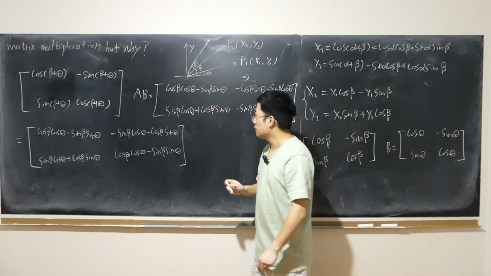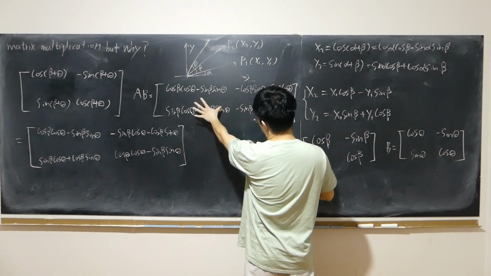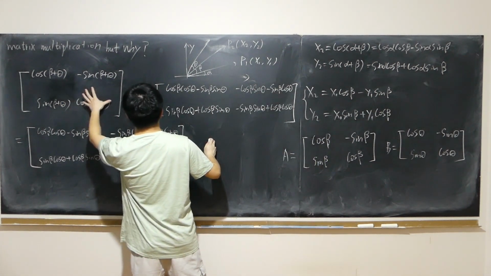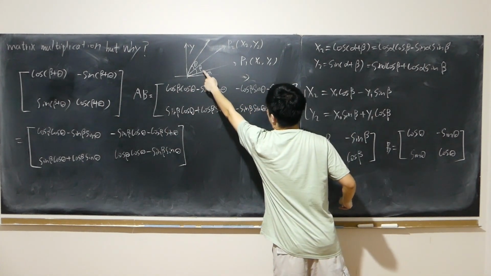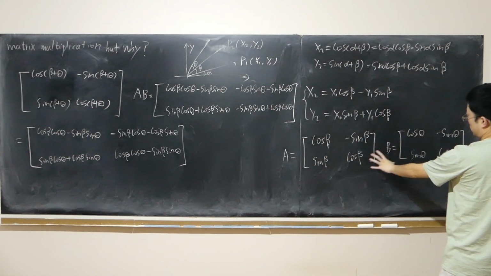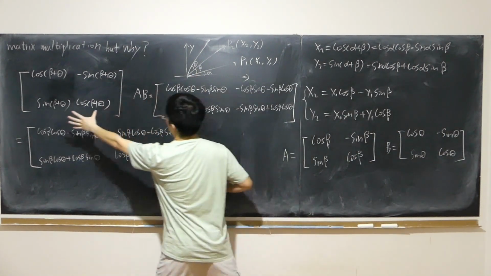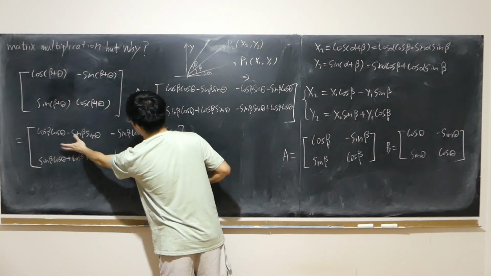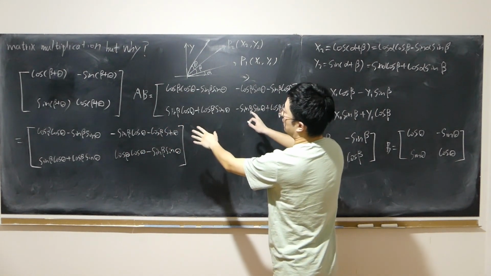Now, are they the same? This is the result by multiplication by definition, and this is the result by the rotation matrix. If we rotate beta degrees, we have this matrix. If we rotate by theta degrees, we have this matrix. And if we rotate by beta plus theta degrees, we have this matrix, expanded out with the angle sum and angle difference. Now, do they look the same?